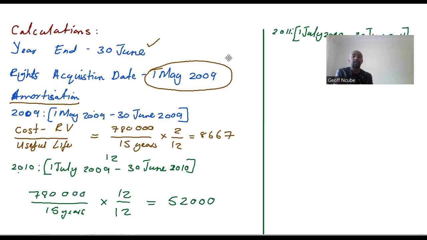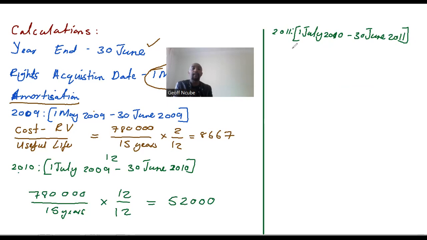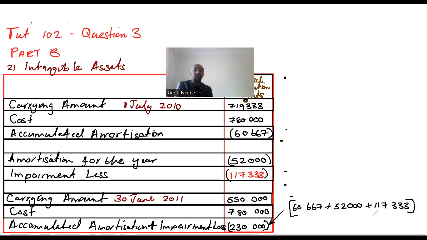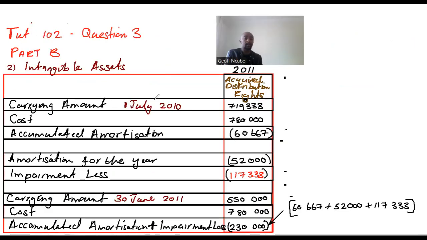And then we are going to have our current year. So we're just calculating for these 2 years to feed into our disclosure note. So here it's a combination of 8,667 plus 52,000.